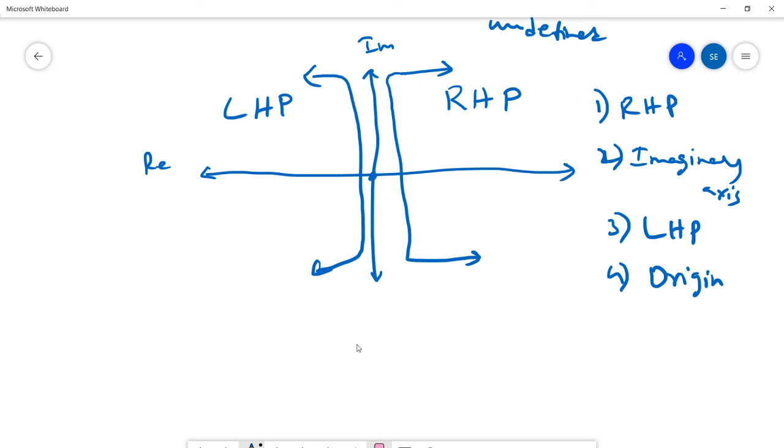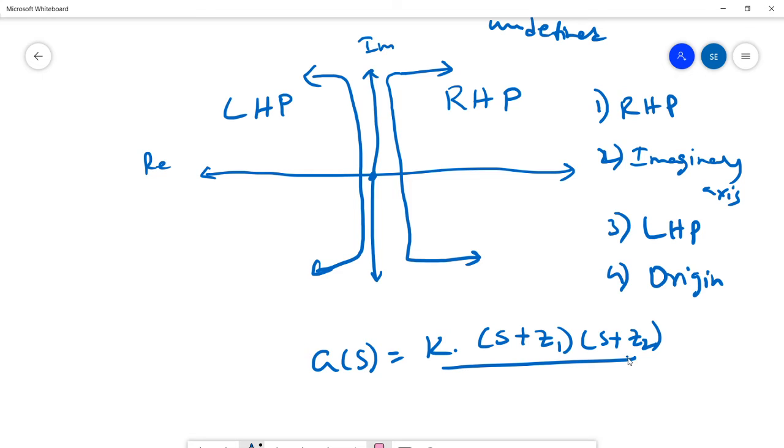What is the generalized equation in terms of poles and zeros? G of S is equal to, we wrote this equation in the previous class, S into S plus P1, S plus P2, and so on.